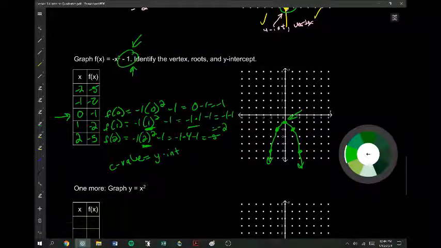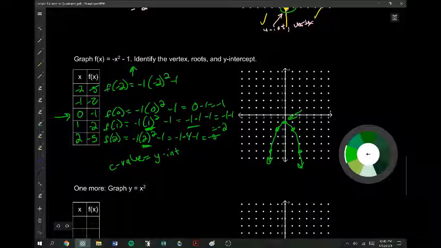But I'm going to show you how to deal with these negatives here, all right? What I'm going to do with this one is graph f of negative 2. I'm going to plot and calculate f of negative 2. Well, f of negative 2 becomes negative 1 times negative 2 squared minus 1. I do the squaring first, so negative 2 squared is 4.